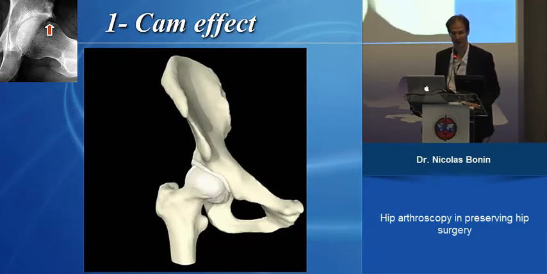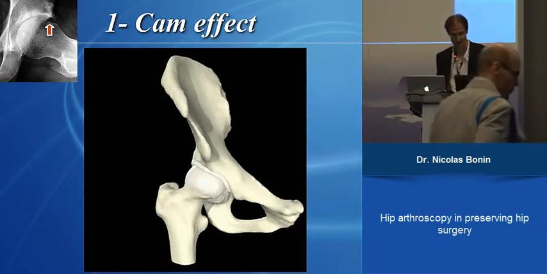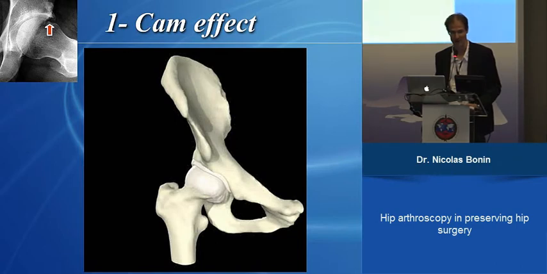Here is a nice video to show exactly how the CAM effect will damage the cartilage on the acetabular rim. So here is the CAM, as you can see, on the head-neck junction. Here is the flexion of the hip, and in every flexion there will be an increased pressure at the acetabular rim.